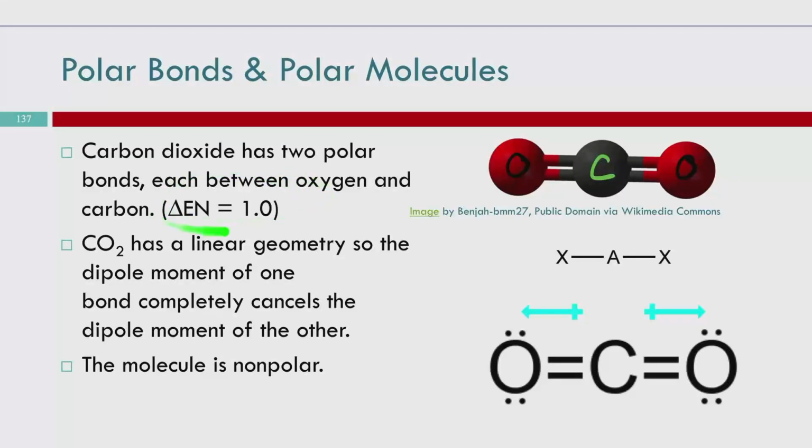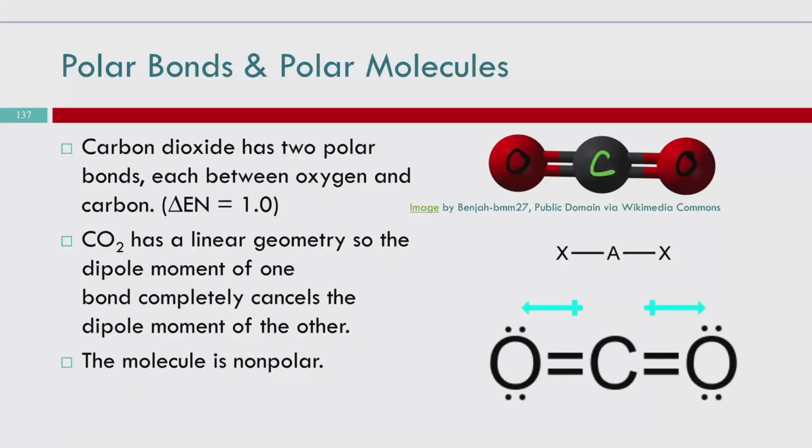Our difference in electronegativity is 1.0, since carbon's a 2.5, oxygen's a 3.5. However, it's got the linear geometry. And so the oxygens are on either side, and they're both pulling the electrons away from the carbon, but they're on opposite sides.